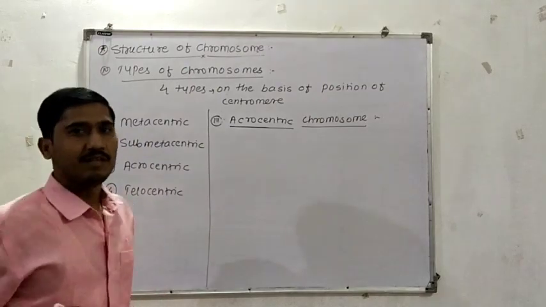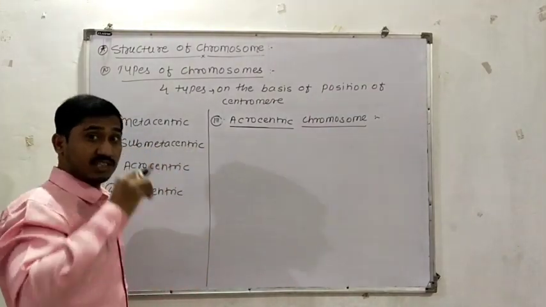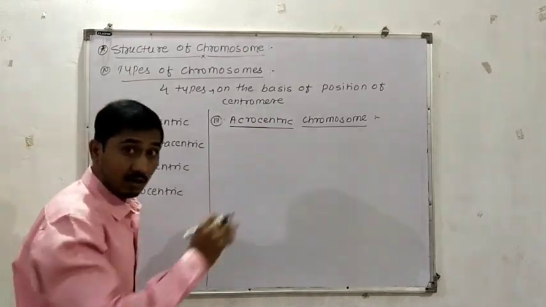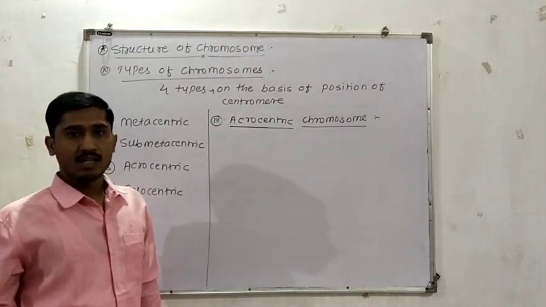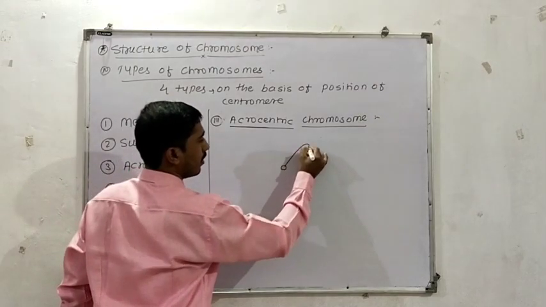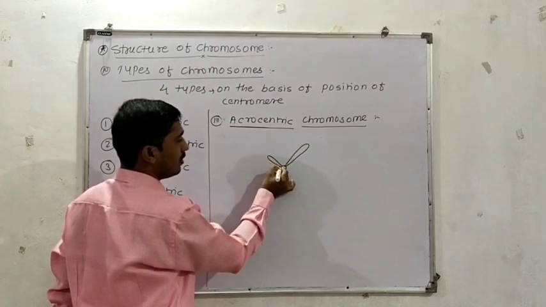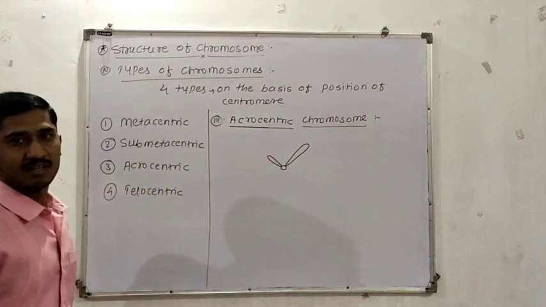Far away from the center, we can say. And because of the away position from the center, one chromatid is very long and one chromatid is very short. So here we draw like this. One chromatid is very long and one chromatid is very short. Okay?